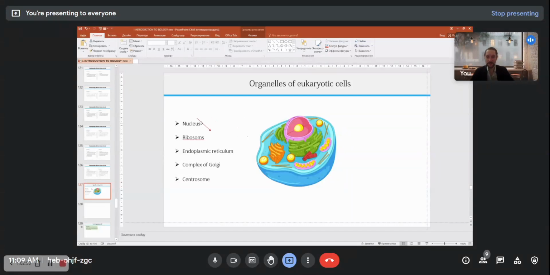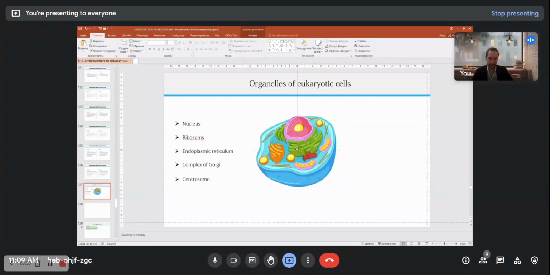So when proteins are synthesized with the help of ribosomes, they are transferred into the endoplasmic reticulum here in order to acquire special three-dimensional organization. And then proteins have to be packed and transported further to the place where they are needed. And this packaging of the protein products into transport vesicles occurs inside of the Golgi complex.